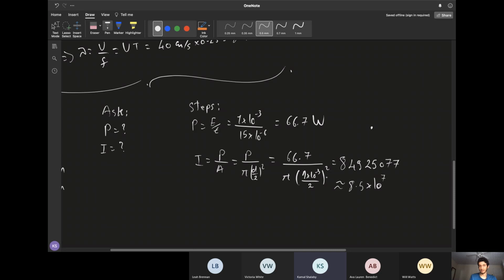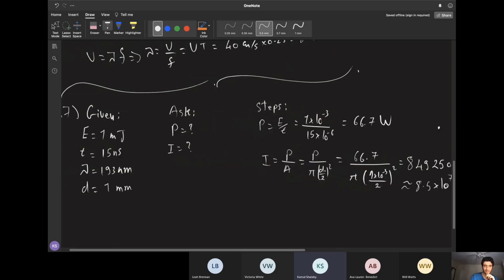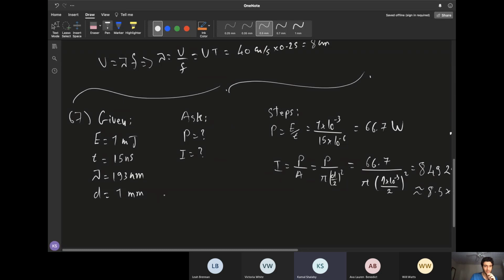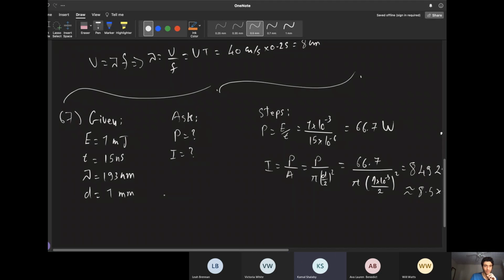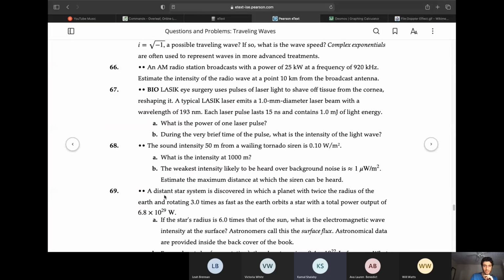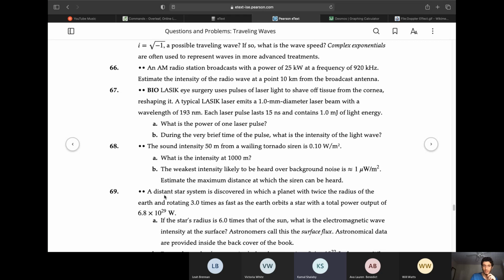But yeah, why does it give us the wavelength though?